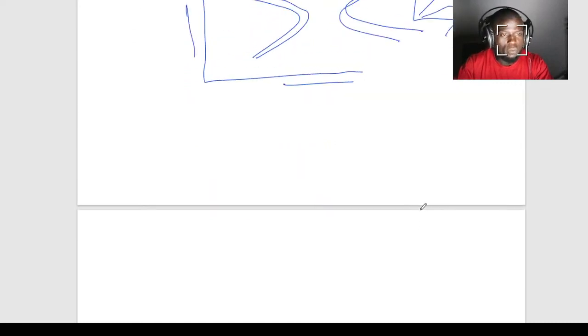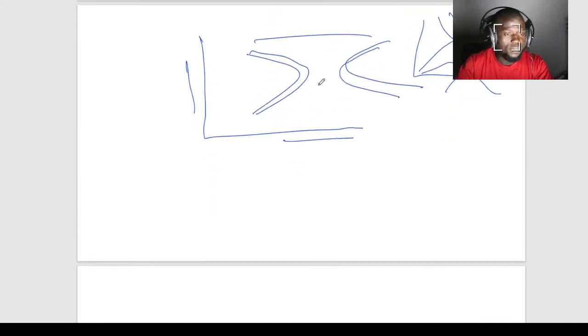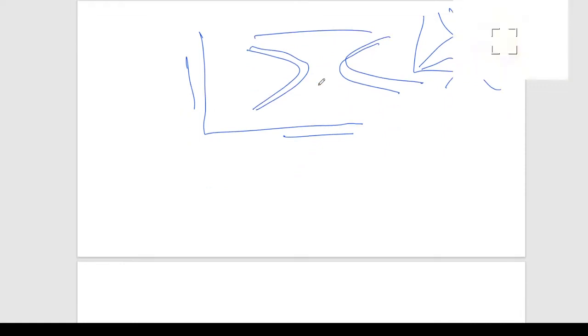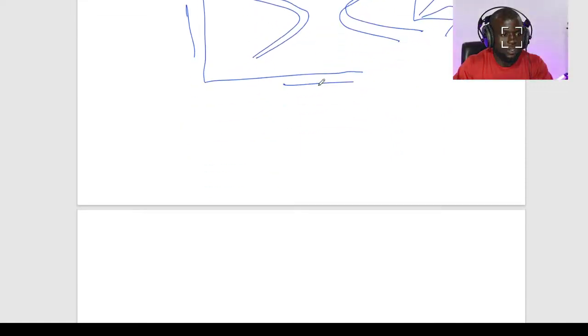So the next question is supposed to be the scale. I talked about it. Plotting. When you are marking, we have letters we use.